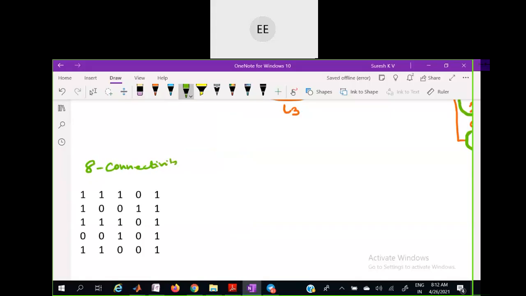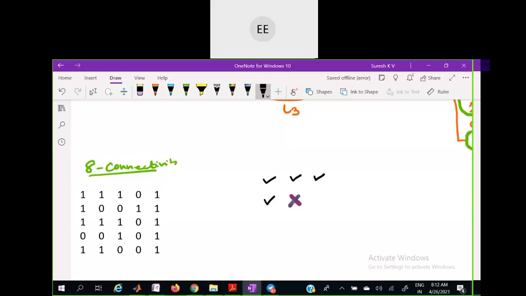Now if you carefully observe, when I am just doing a scan like this, what happens is I would have labeled, assume that I'm somewhere here. You would have already labeled this, this, this, and this.